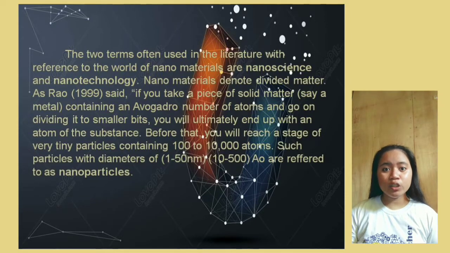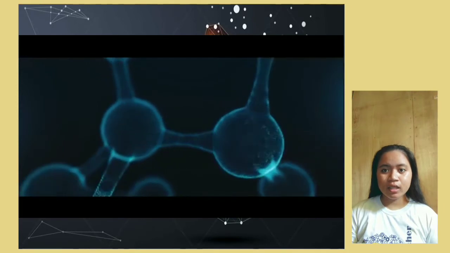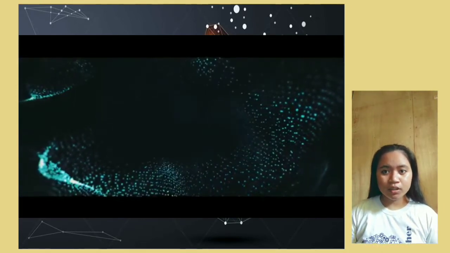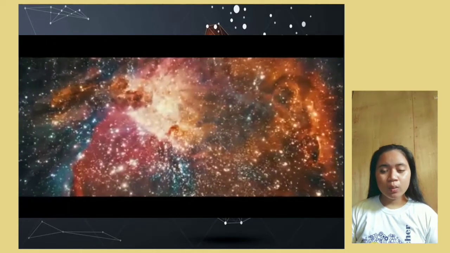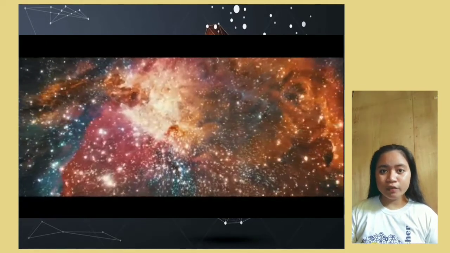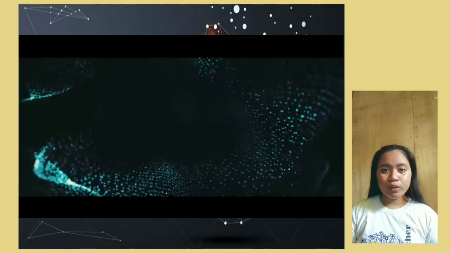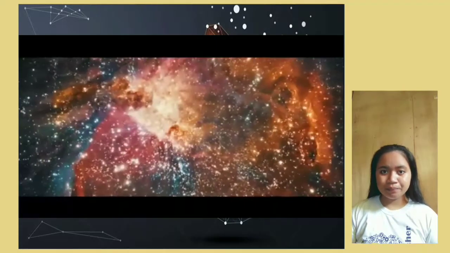Before that, you will reach a stage of very tiny particles containing 100 to 10,000 atoms. Such particles with diameters of 1 to 50 nanometers are referred to as nanoparticles.